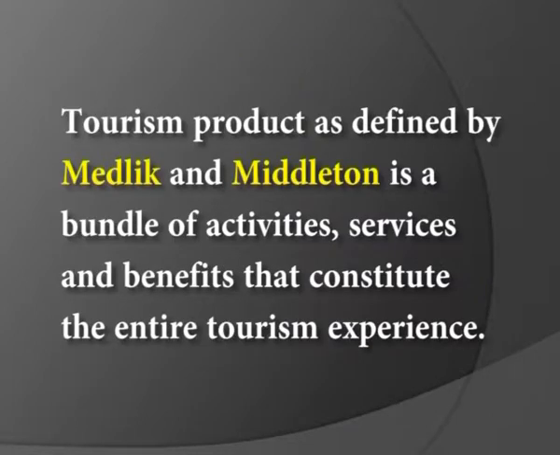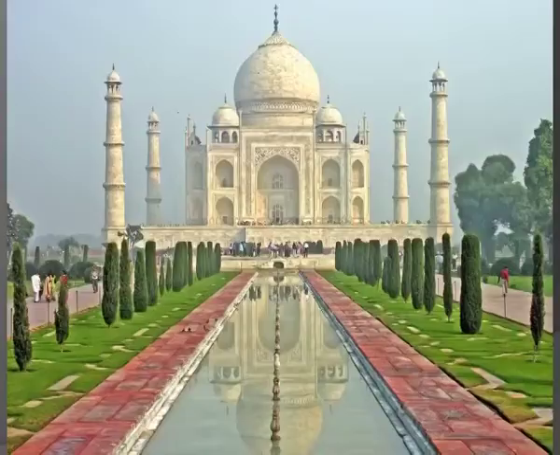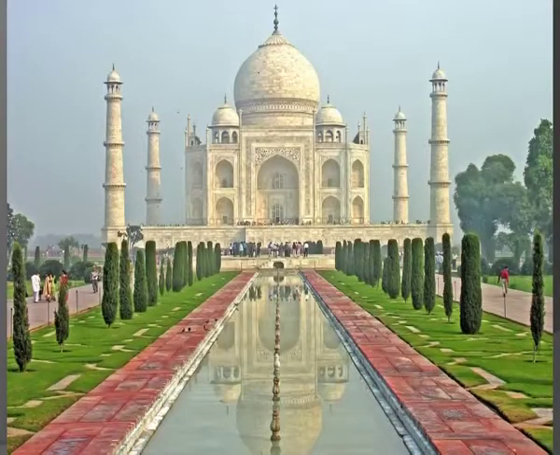Tourism product as defined by Medlik and Middleton is a bundle of activities, services and benefits that constitute the entire tourism experience. This bundle consists of components such as destination attractions, destination facilities, accessibility, images and price. According to Dimitris, tourist products can be determined in 2 different ways.